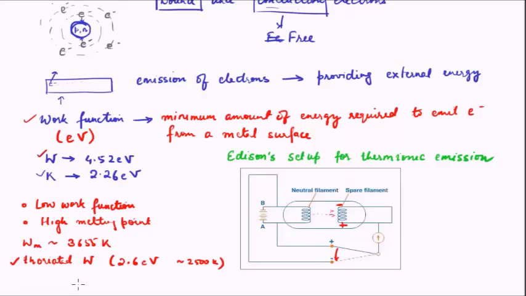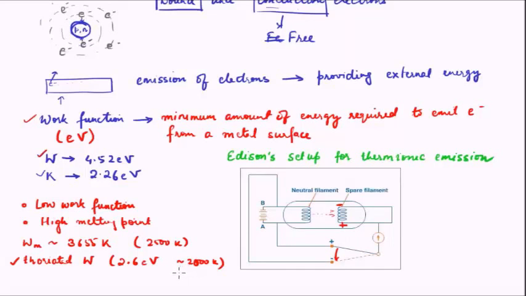Okay. Rather, this 2500 is the emission temperature for tungsten. For thoriated tungsten it is 2000 Kelvin. So we see that a 500 Kelvin drop is there.